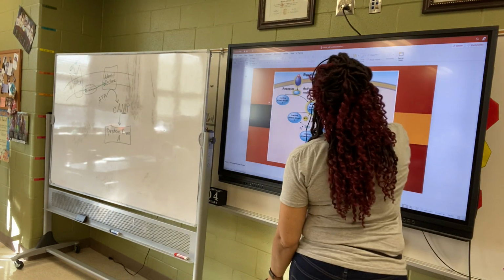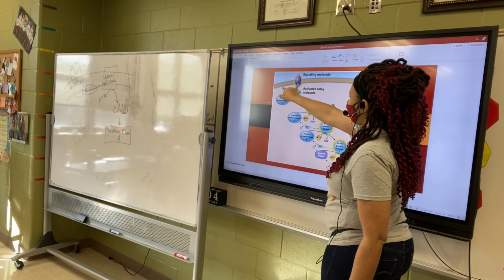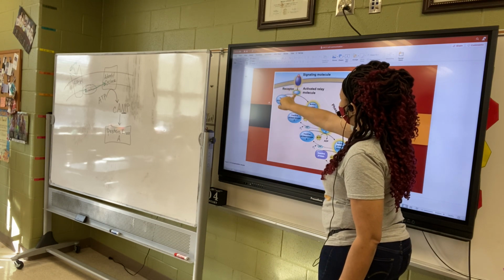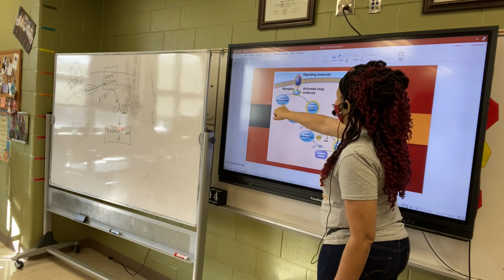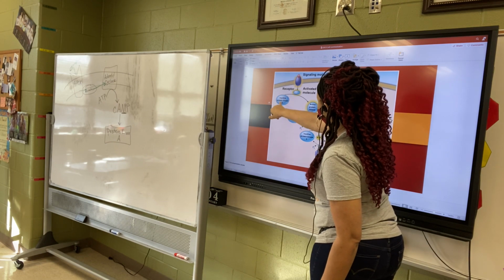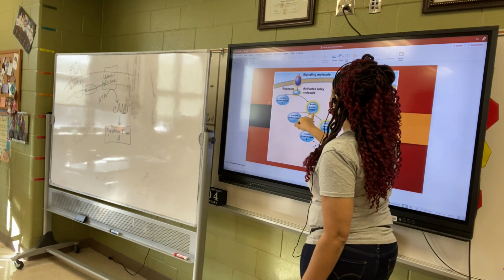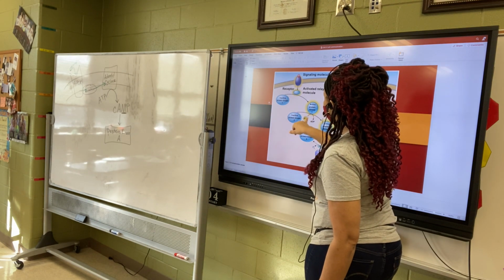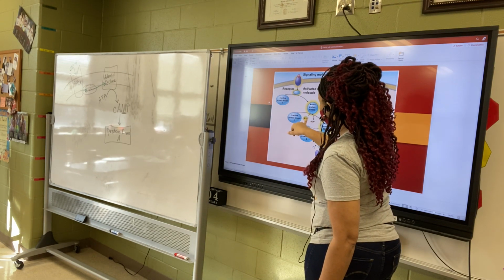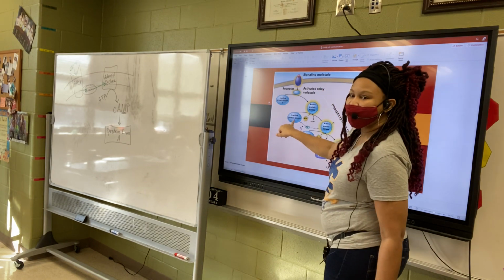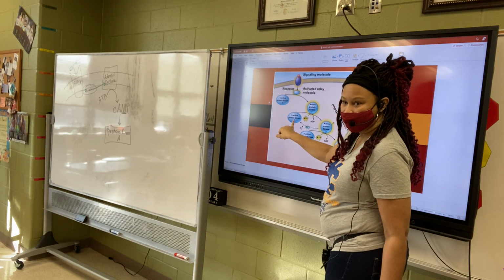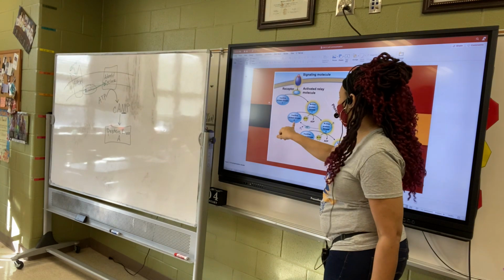So, ligand binds to receptor. Receptor activates a protein. That protein is going to activate the first protein kinase. That protein kinase is going to take a phosphate group from ATP and add it to a second protein kinase. Okay? It phosphorylates it.